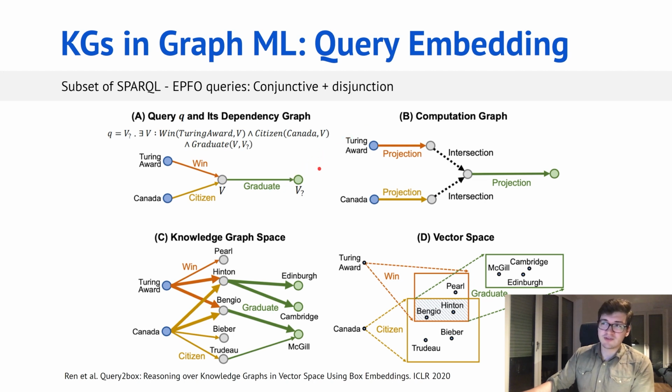we model several operators, like intersection operators, projection operators, and they are represented as boxes. And then you traverse those boxes, you collect those boxes, and you perform different operations with boxes and their contents to get the correct answer. So this is a very, very interesting field of approximate query answering.